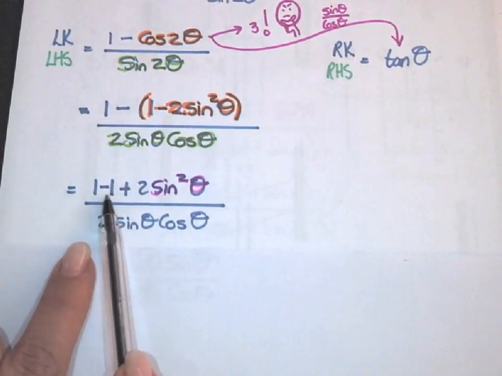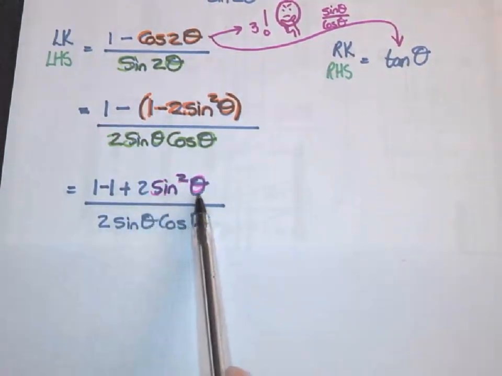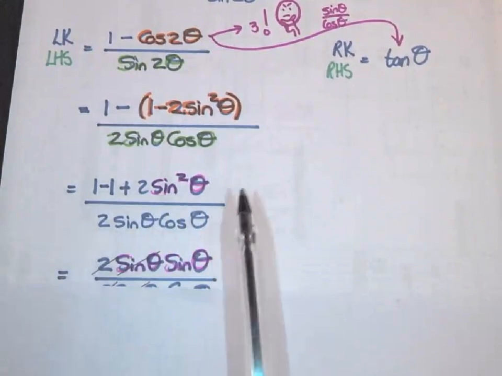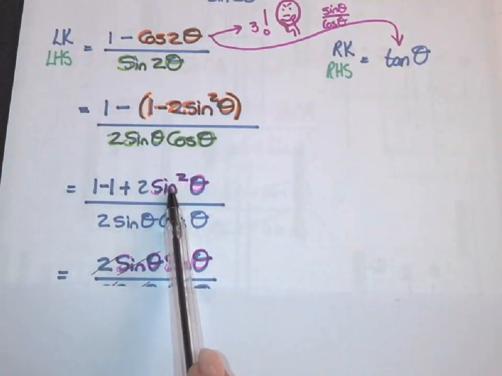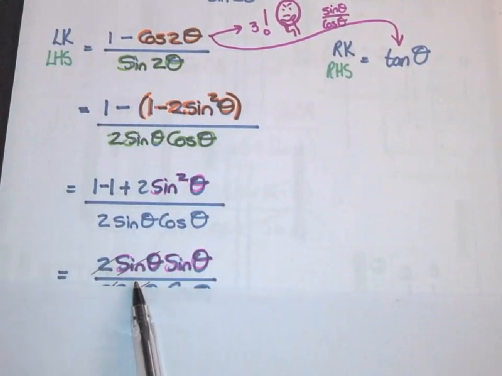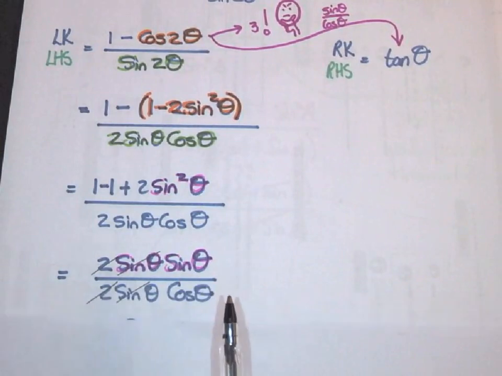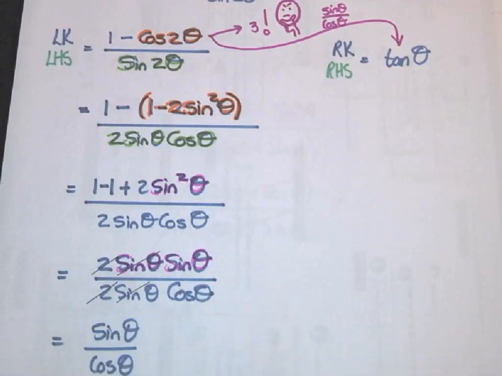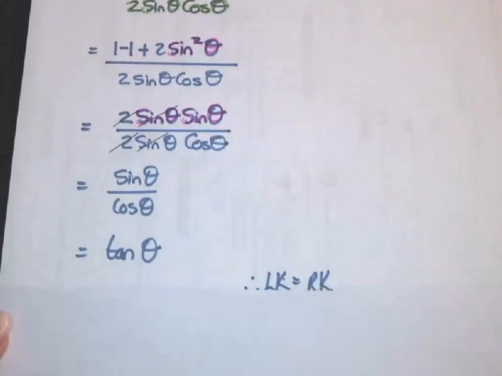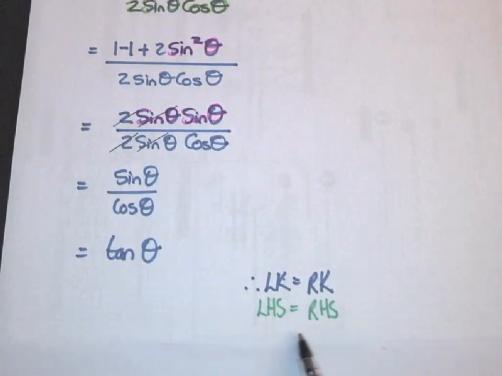These two cancel out, and you're left with this one. But the sine squared is sine times sine. Therefore, I can cancel out those, and I'm left with sine over cos, and that is tan. So you conclude with left-hand side equals right-hand side.